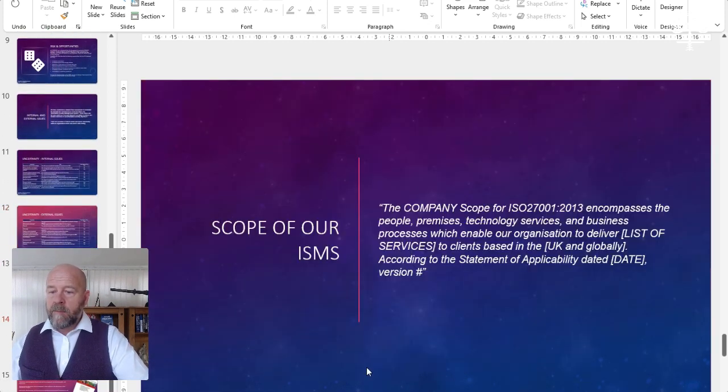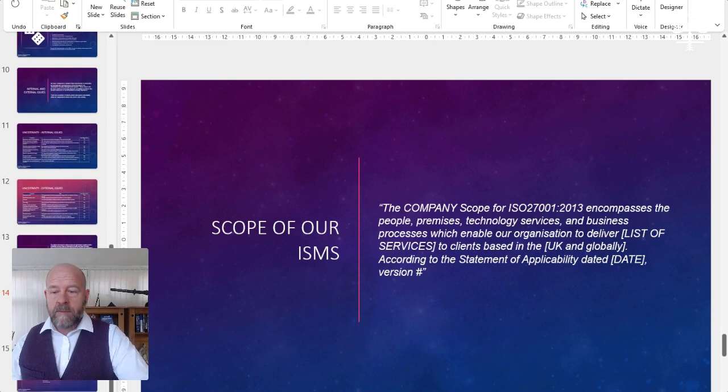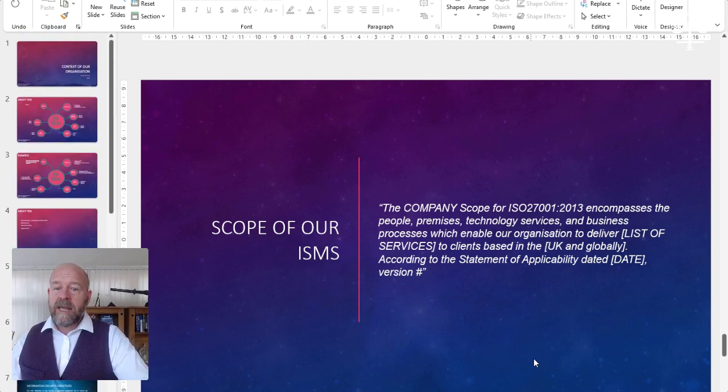And very importantly, we identify what the scope is and we document the scope. And this is a typical example of what we might cover. Obviously, it's particular and crafted to each and every single client, and you need to craft this to be specific to you.